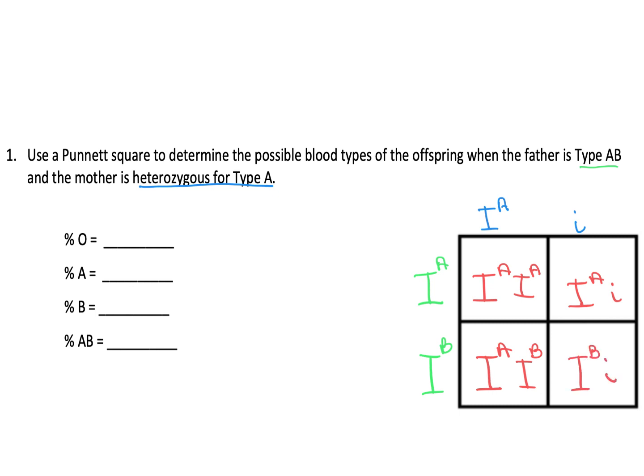All right, now looking at the results of our Punnett square, we see there are 0% that is O. Type A, we do have 50% because we're seeing type A here and here. And then type B, we have 25%. And type AB is 25%.